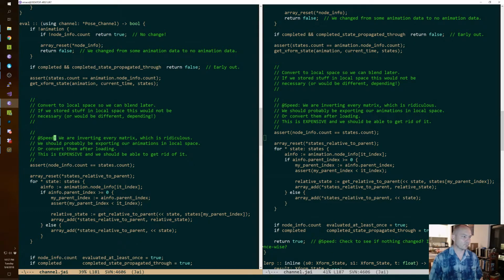Okay, here's the thing: I'm interpolating in the object space, and then I'm converting to relative to parent. And that is not good because you might have a bone where the bone is not translating at all relative to the parent, but it's rotating, right?